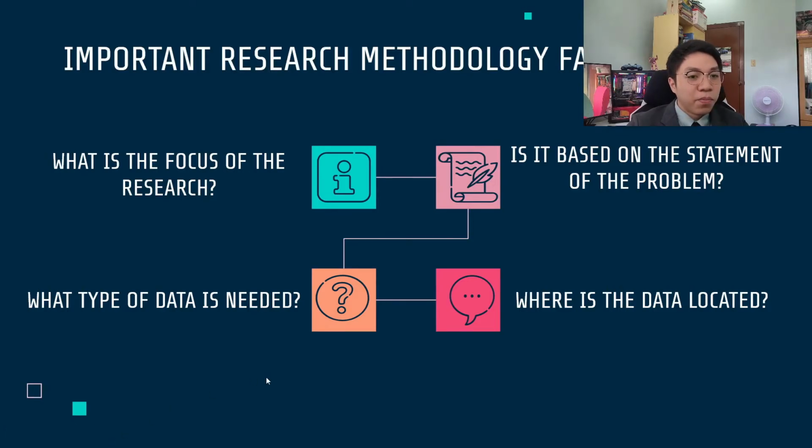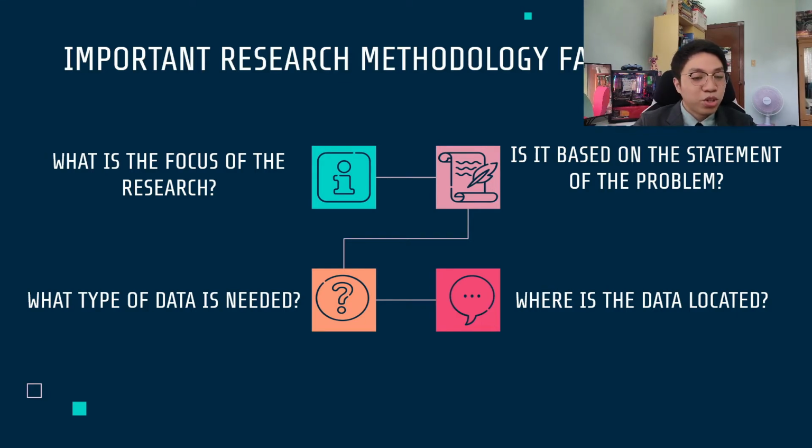So, what are some important research methodology factors? The first would be, what is the focus of the research? By knowing the focus of the research, you get to decide on the proper methodology to apply on the focus of the research. The next would be, is it based on the statement of the problem?